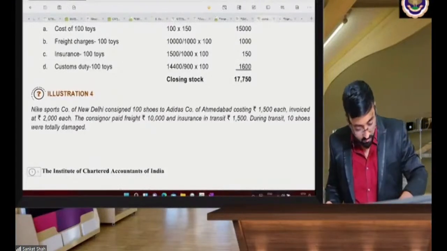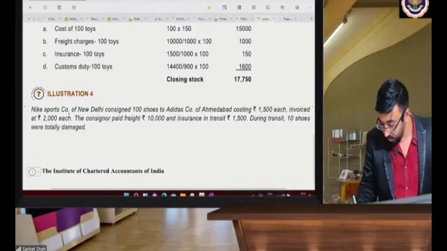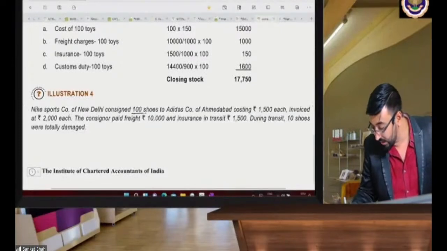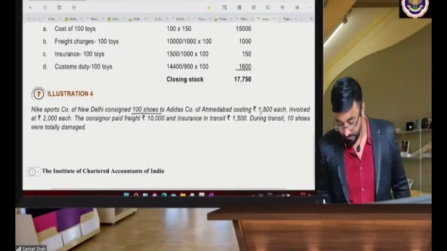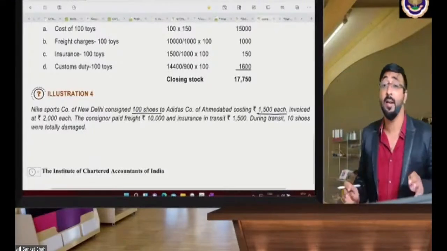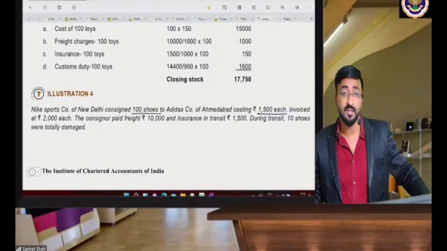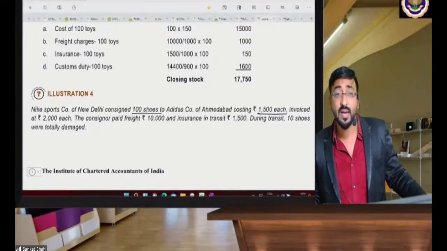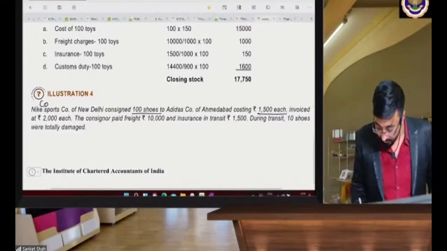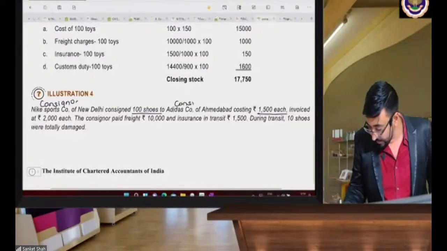Nike Sports company of New Delhi consigned 100 shoes at 1,500 each. Okay, so 100 shoes to Adidas. So who is the consignor? Nike, and Adidas is the consignee.